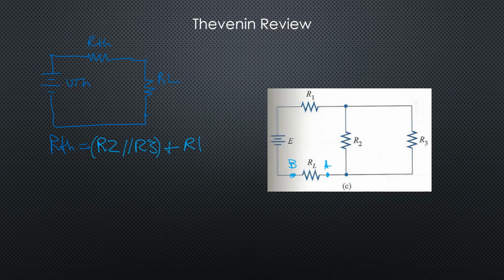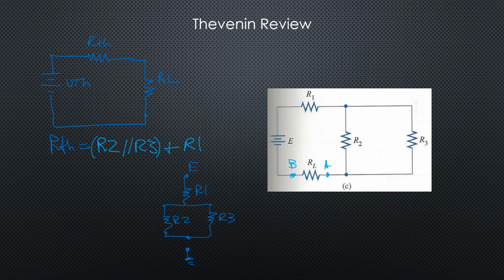For V Thevenin, sometimes it's easier to do a little redraw. So we've got E, R1, R2 and R3. And from that point right there, RL has been removed, so we've got a break in the circuit.